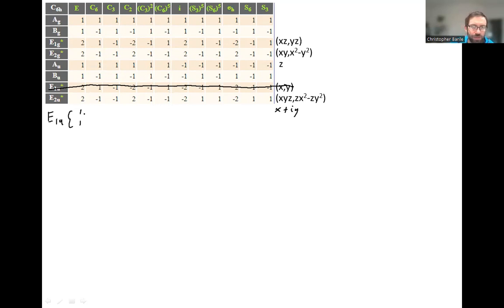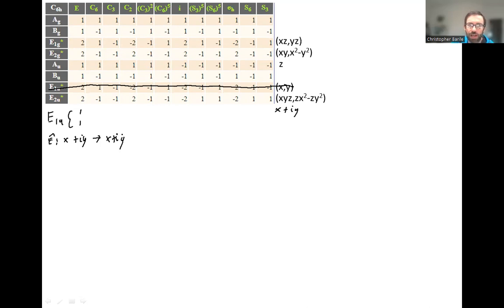So now what we can do is just ask the question, how does x plus iy transform with all the different symmetry operations in this point group? So it's just like what we always do, except now we have a complex function. So we apply the identity operation, the first operation in the first class, x plus iy. Of course, identity takes it to itself.